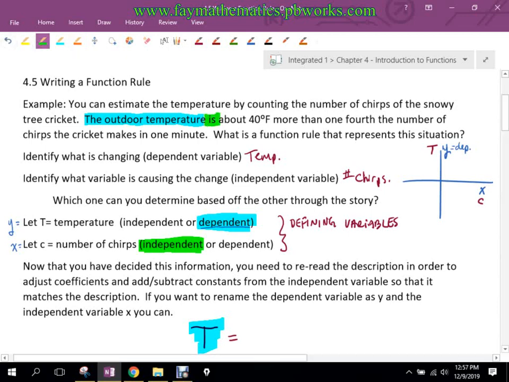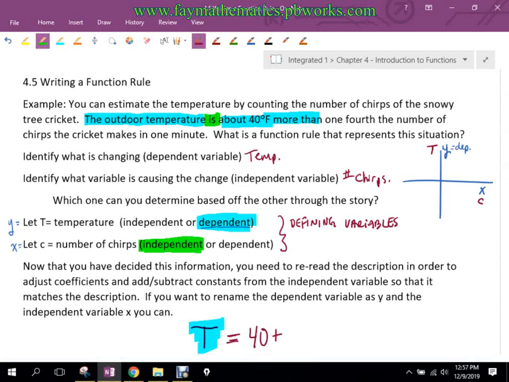Good. So is equals. It says about 41 more degrees Fahrenheit, more than. So what does that phrase mean? What does more than something mean? I'm adding, right? So I'm going to add 40 more. Does that make sense?